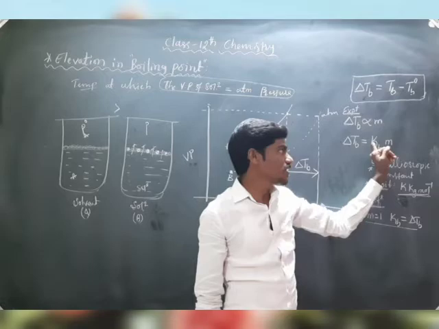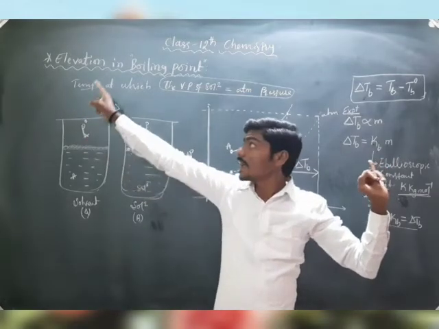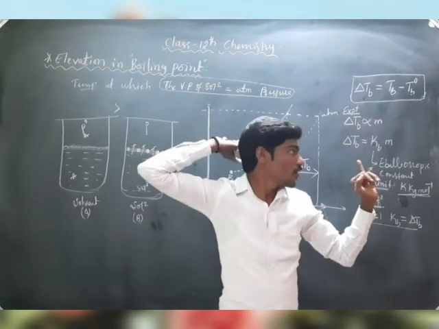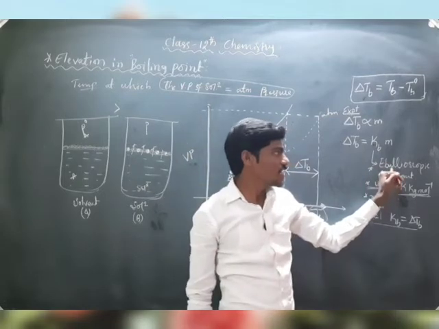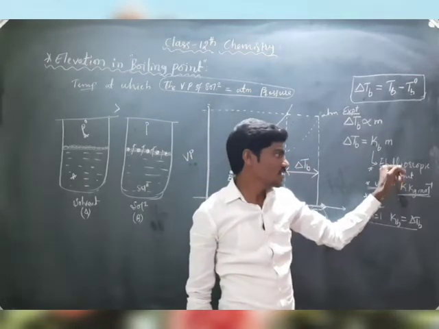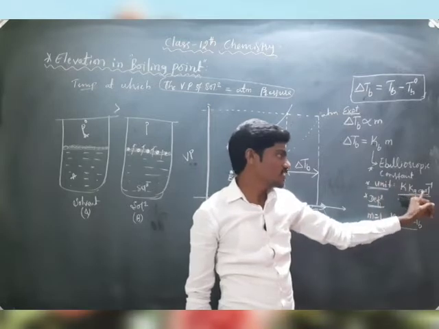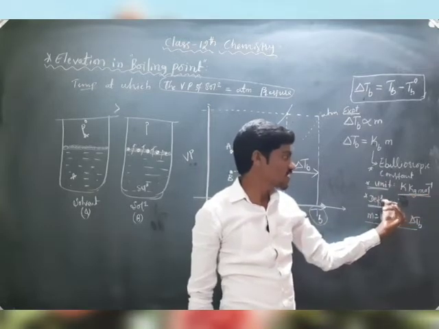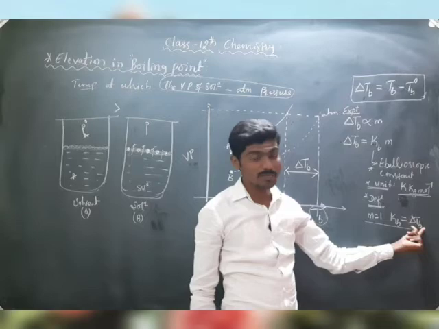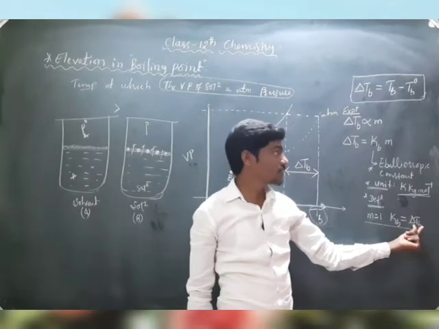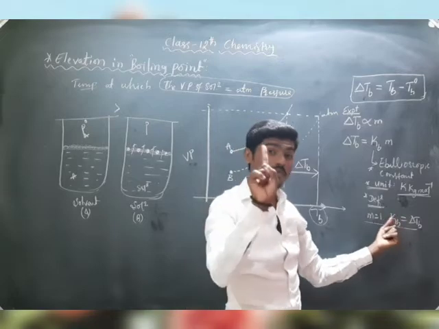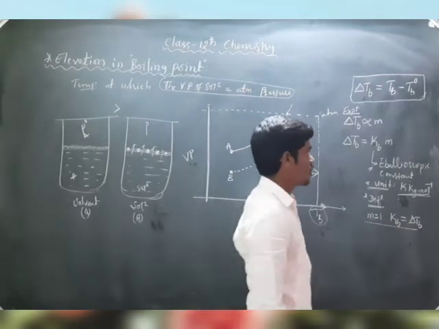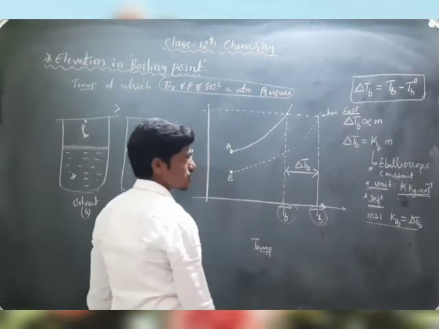Kb is the molar elevation in boiling point, molar boiling point constant, or simply the ebullioscopic constant. Its unit is Kelvin kg per mole. Its definition is the difference between the boiling points of the solution and solvent for a 1 molar solution, compulsorily for a 1 molar solution.